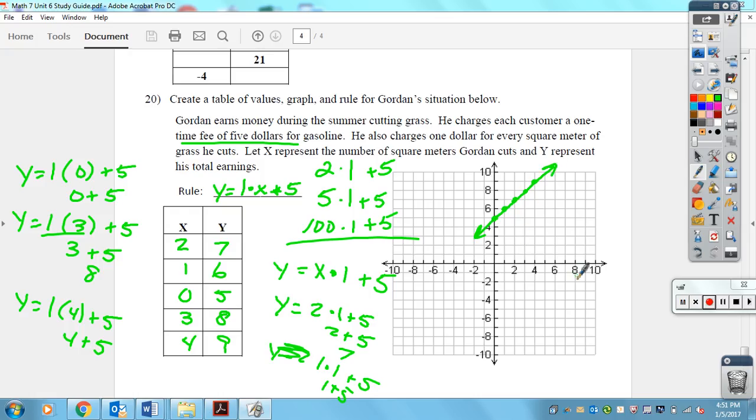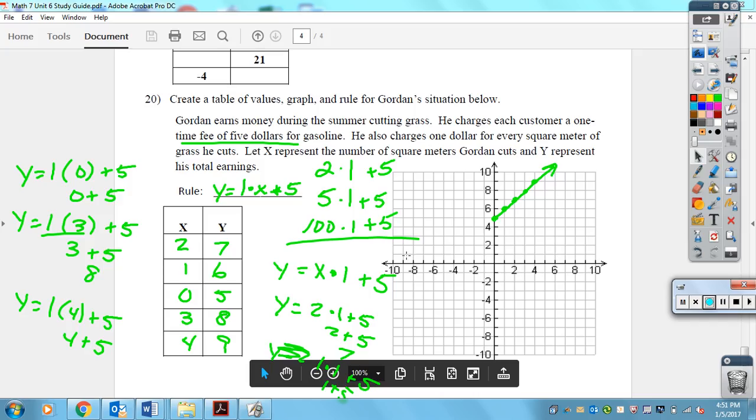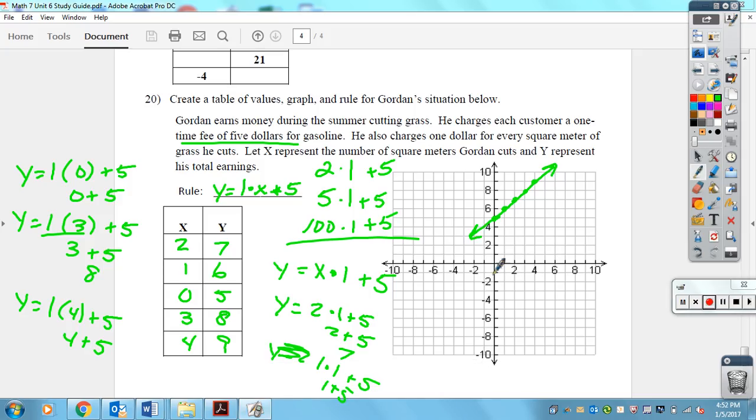No. As I mentioned, this negative represents the amount of meters. And you can't have a negative amount of meters, so if you go this way, it implies that Gordon cuts a negative amount of meters. That doesn't make sense. So your graph actually goes right there. It's sort of a ray as opposed to a line. This is a very tricky type question, thinking of the rule, but it is something that you are responsible for knowing how to do.